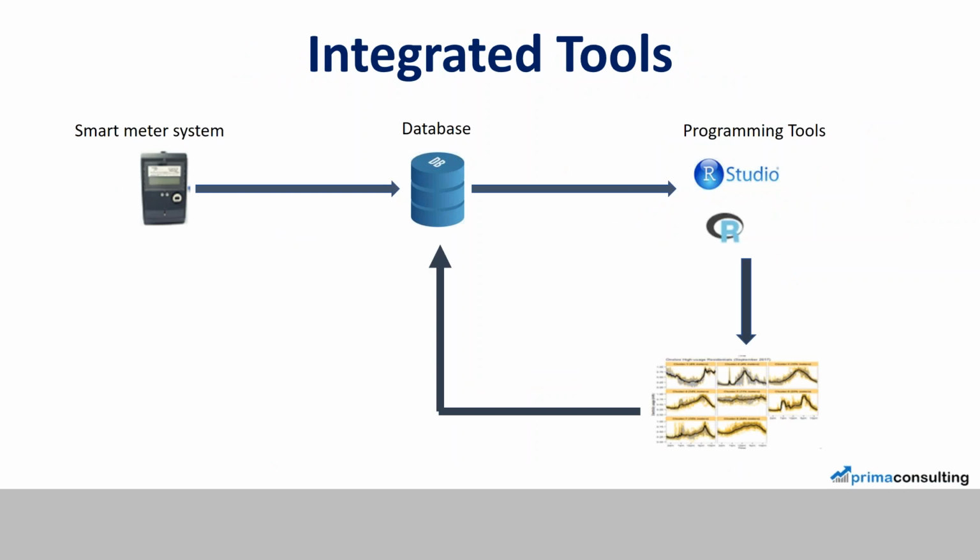Let's talk about some of the tools we used to get to this solution. The data coming from the smart meter system, advanced metering infrastructure, AMI data, we call it here. So it's smart meter 15 minutes interval data, and we store it in a database. Then using SQL or SQL within R, we extract the data into our server, which has immense memory and computing power.